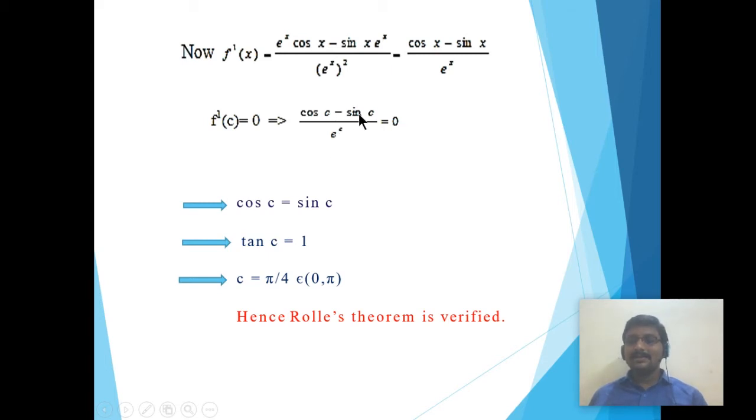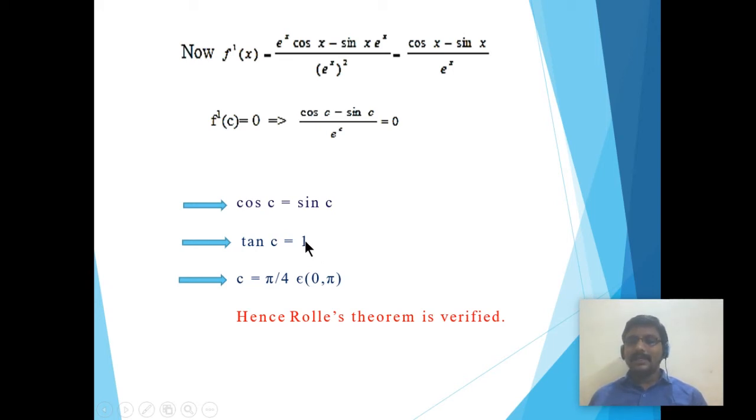Thus cos c minus sin c is 0. Cos c is equal to sin c. So dividing by cos c, we will have sin c upon cos c is tan c. Tan c is equal to 1.